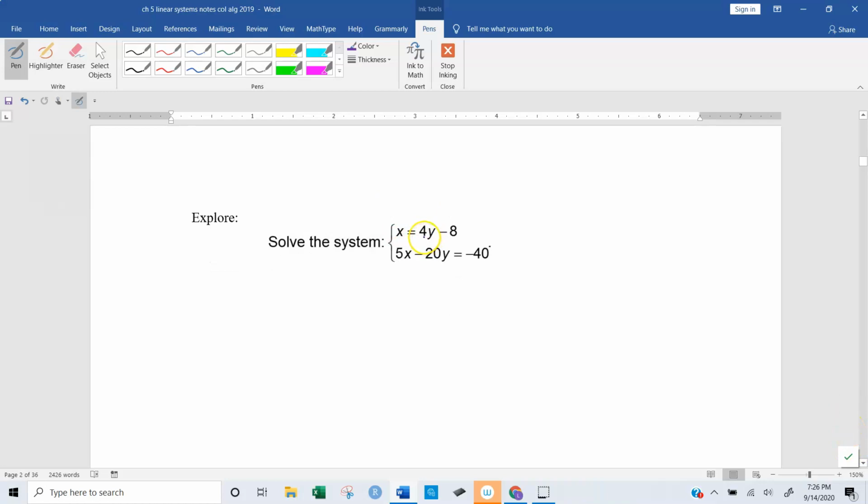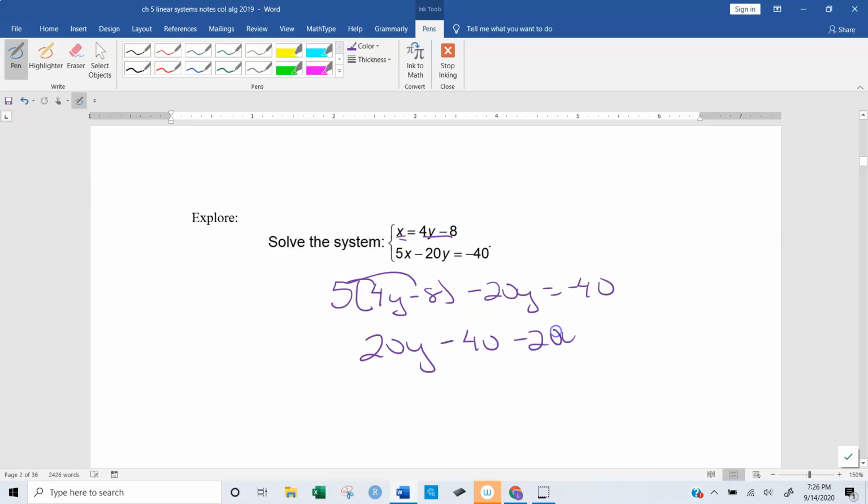This one here is set up for substitution. If you notice, it's already solved for the x, so we might as well do it that way. 5 times. You can do it the other way and solve and put the y on the other side and solve. That is also fine. All right, let's distribute this 5 through. So we have 20y minus 40 minus 20y equals negative 40.